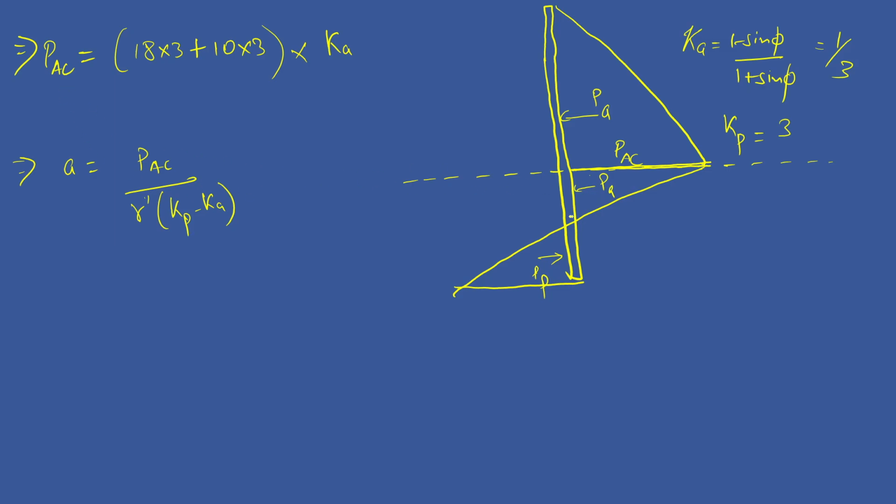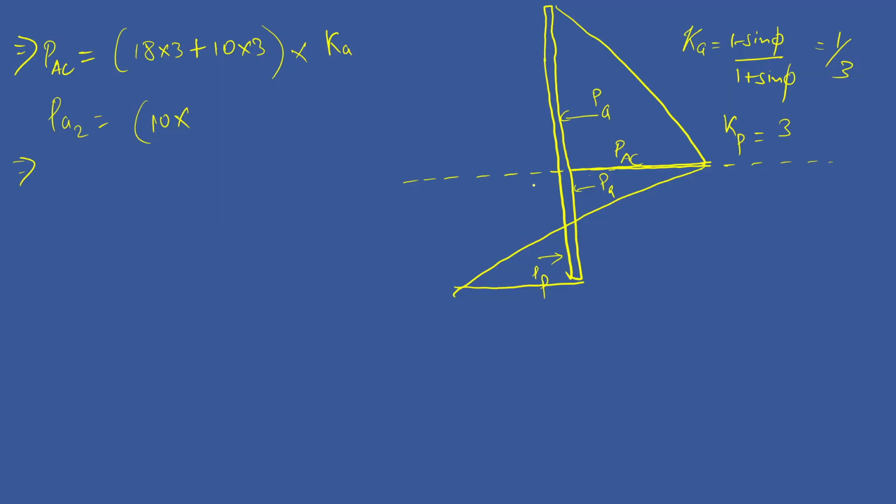PAC is given to you, then another P active 2 will be your 10, and then you don't know how much this value is. So let's assume that at the dredge level it is not given how much it is.